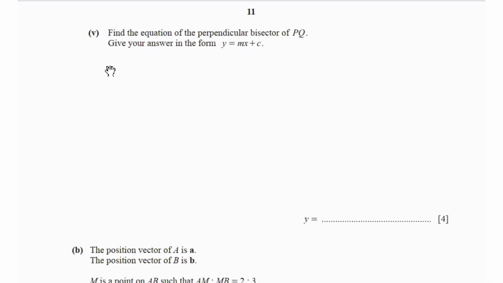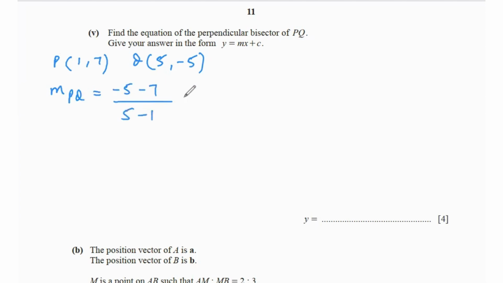Next part says find the equation of the perpendicular bisector of PQ, giving your answer in the form y equals mx plus c. So firstly, P had the coordinates of (1, 7) and Q had the coordinates of (5, -5). So the gradient of PQ is going to be -5 minus 7 over 5 minus 1, which is -12 over 4, and that's -3.